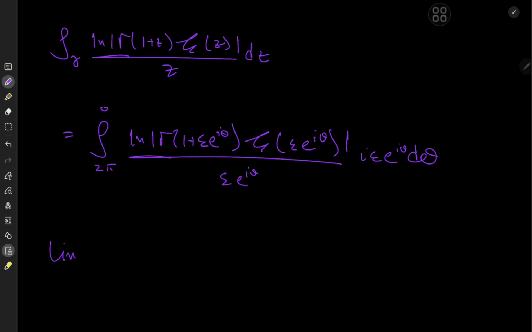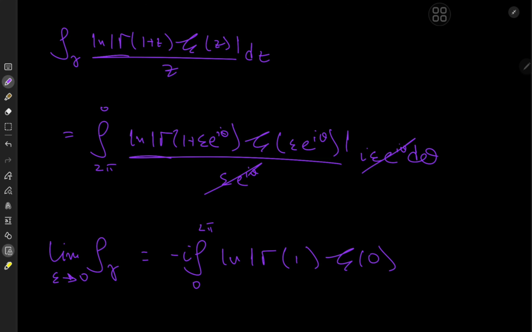But what about the limit of the integral over gamma as epsilon tends to 0? That's, after all, what we're interested in. So that would be negative of, I'll just apply the limit directly, and the negative sign is because I'm switching up the limits of integration. We do have some cancellation here, first up, negative i outside. And now we have log of absolute value gamma of 1 plus 0, so that's gamma 1.